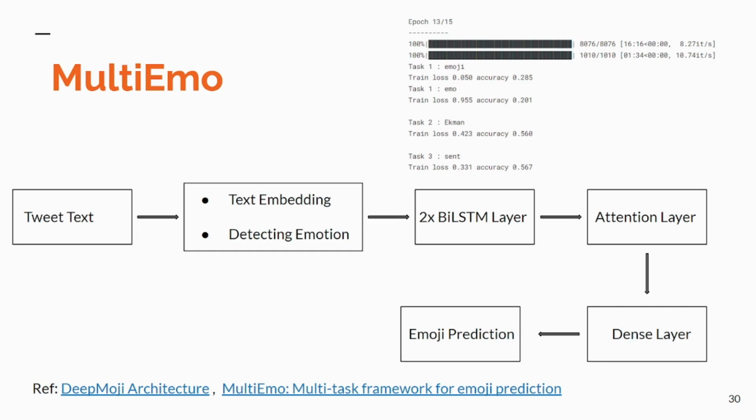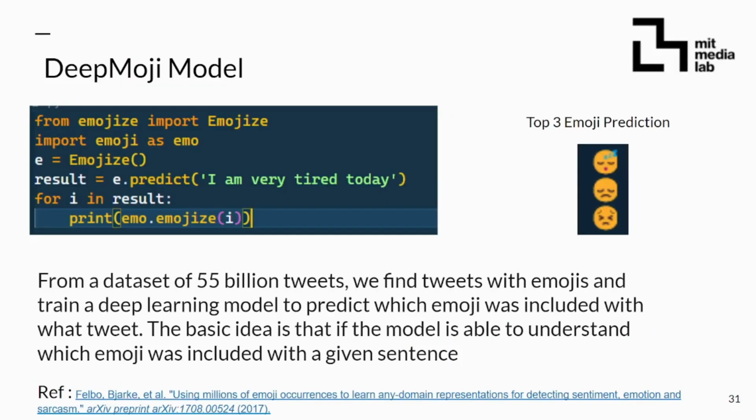According to the Multi-Emo multitask framework, we have to take two to three auxiliary tasks, like emotion, while predicting the emoji. Here is the architecture design of this framework. The Multi-Emo architecture is inspired from the DeepMoji model, which is trained over 55 billion tweets, and this model was released by MIT Media Lab.